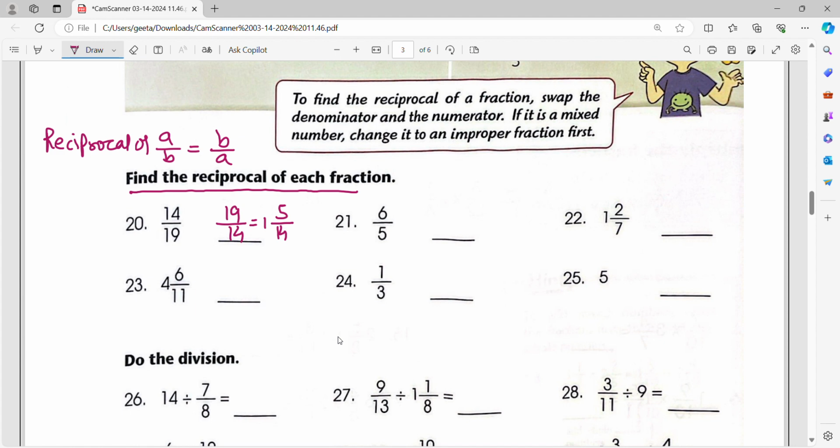It's very simple. No, this one, 6 by 5. It's very simple. 5 over 6. Simple as that.